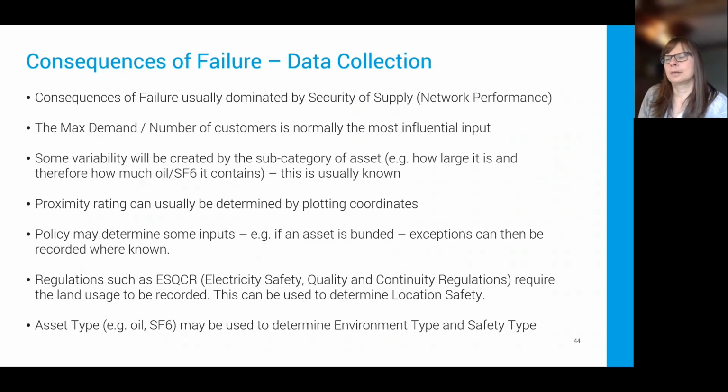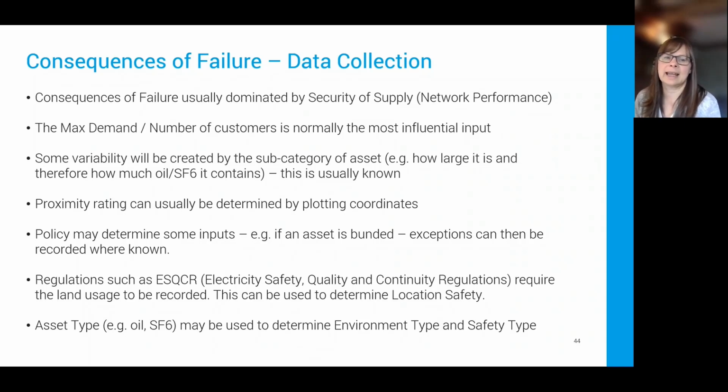And so consequences of failure. So the consequences of failure is normally, not in every case, but normally dominated by the network performance or security of supply. There are some exceptions to that, but for most assets that's the usual case. And then of those, the maximum demand or number of customers, depending on which voltage you're at, is usually the most influential data point.